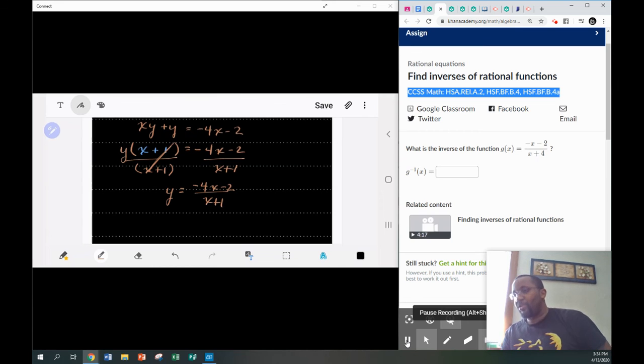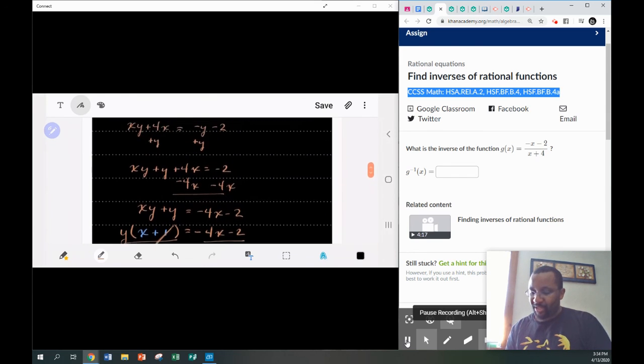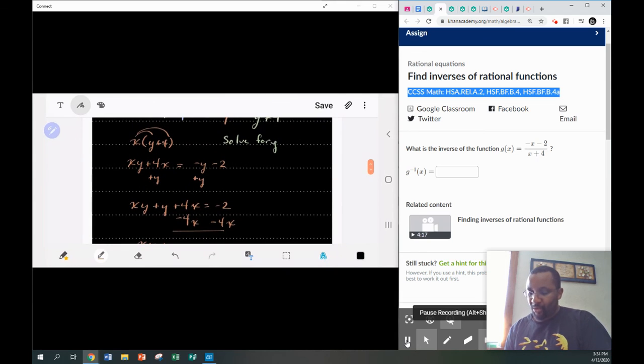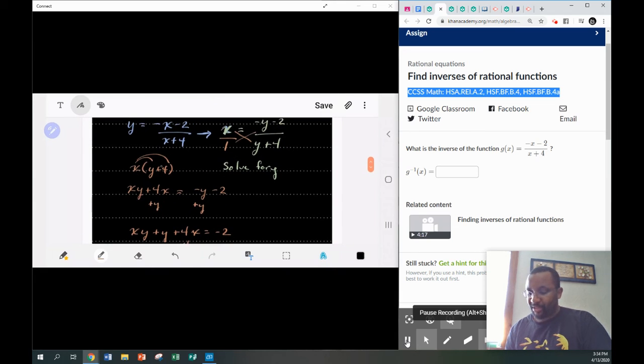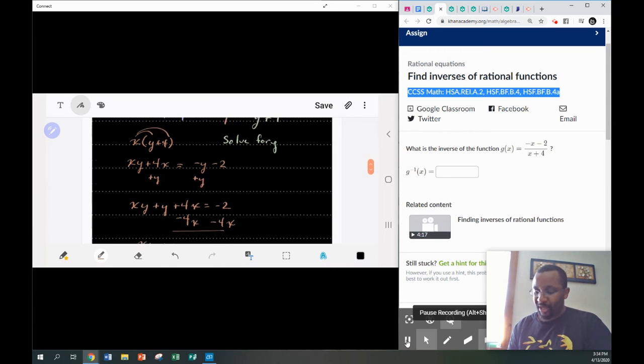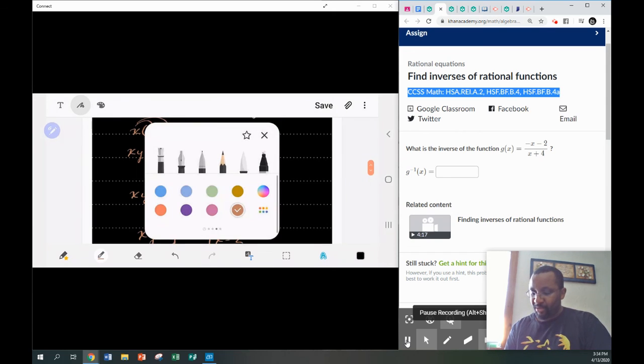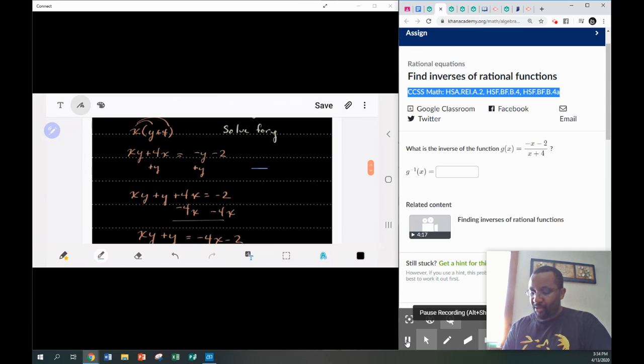So you can rewind the video, you can see the mistake we made, as well as how we went back and fixed it and tried something different. In this case, it ended up being good to distribute the x to each thing and get all our y's gathered up on the same side. That's real important.